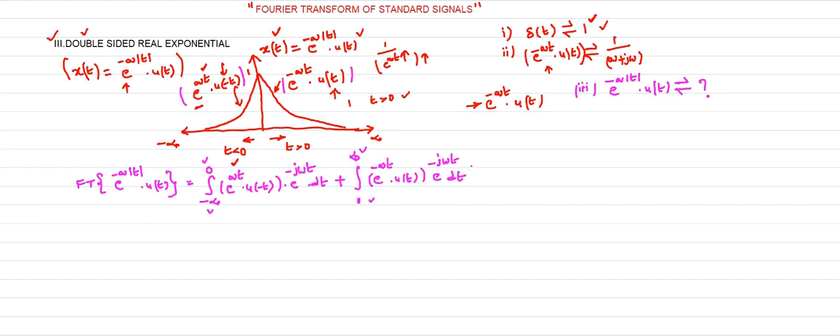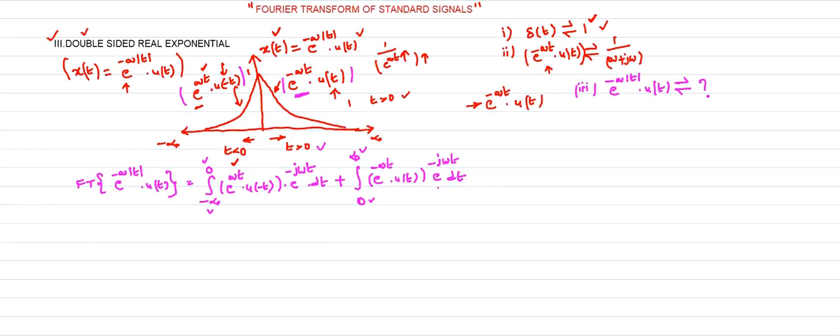Let us clearly observe, this is a double-sided real exponential signal. That means the signal is defined on both sides of the real axis. What is the mathematical expression of this signal for time t greater than 0? Therefore from 0 to infinity, I can use e power minus at into u of t.